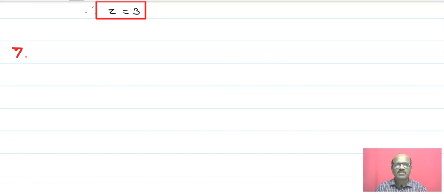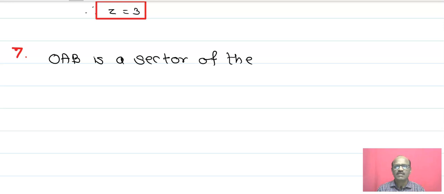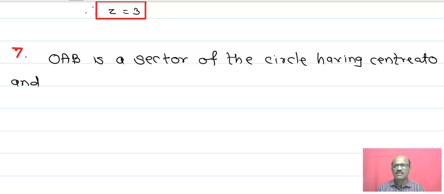Now the start of problem number 7. OAB is a sector of the circle having center at O and the radius 12 centimeter.